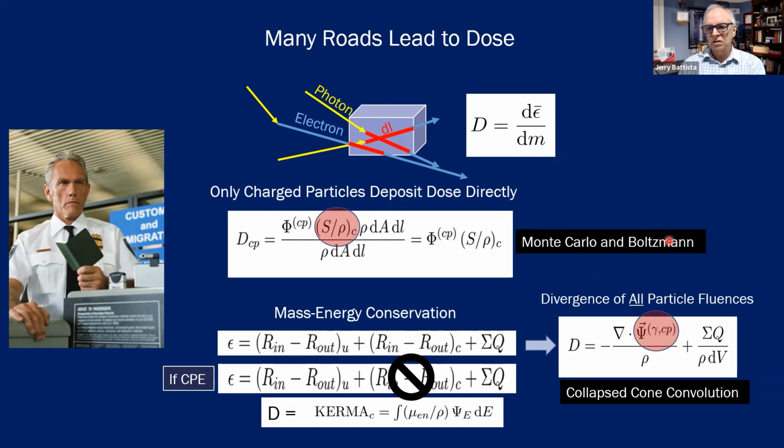Monte Carlo and Boltzmann methods use this kind of equation. They look at electrons and they follow them through the path through a pixel. The collapsed cone convolution we'll talk about later actually uses this divergence theorem to look at how the fluences are traveling through the patient.